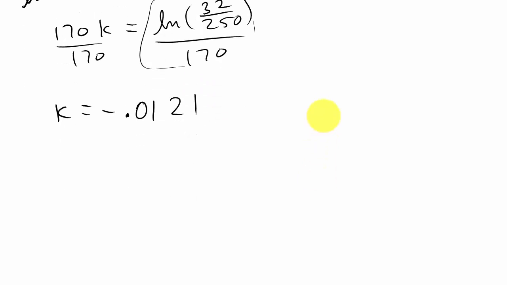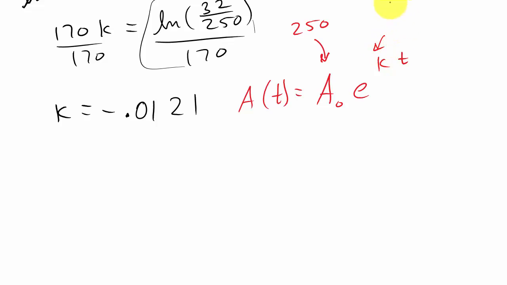All right, so now we have our equation. Remember, it was A of t is equal to A sub 0 e to the kt. Well, if you remember from the problem, A sub 0 was 250. That's what we started with. And now we know k is negative 0.0121.